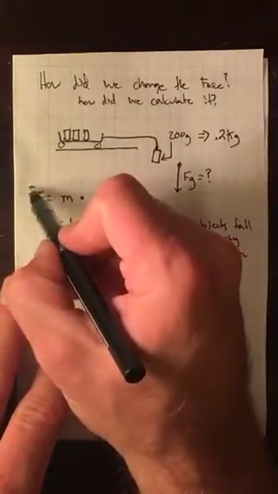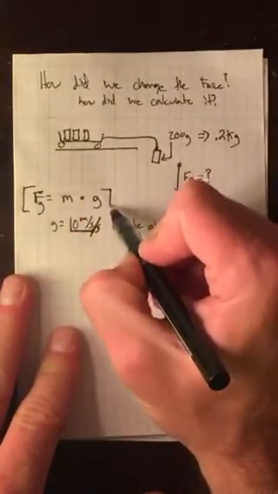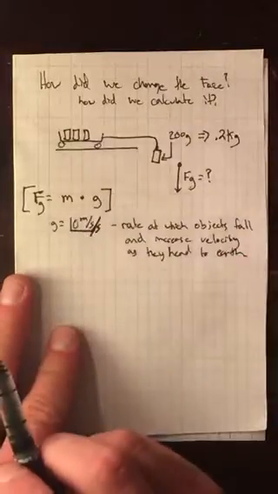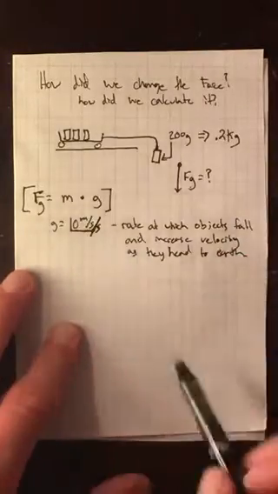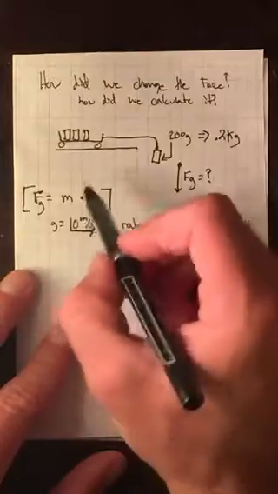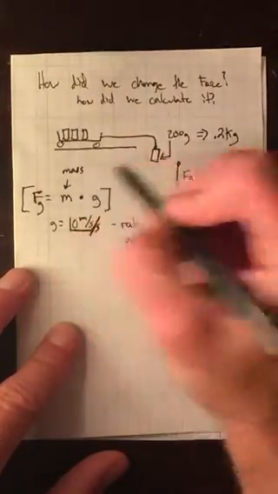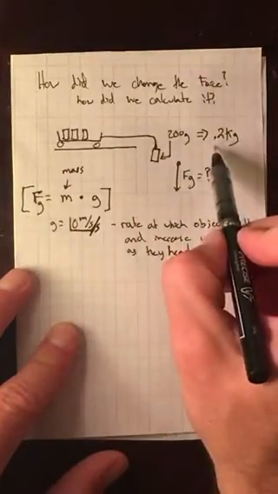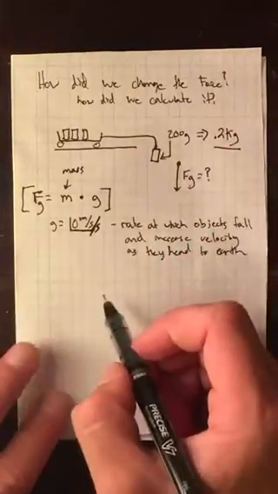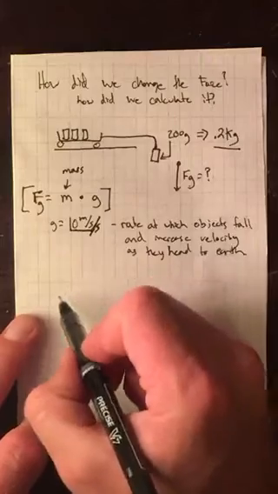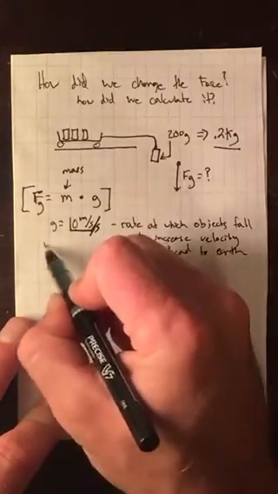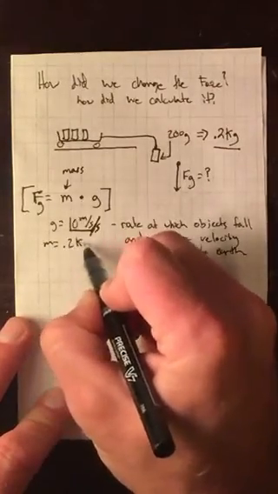Anyways, back to the formula. Fg equals mg. This is our handy dandy formula that we're going to use, and it's as easy as plugging and chugging. This m, remember, that's our mass, and here's our mass right here, 0.2 kilograms.